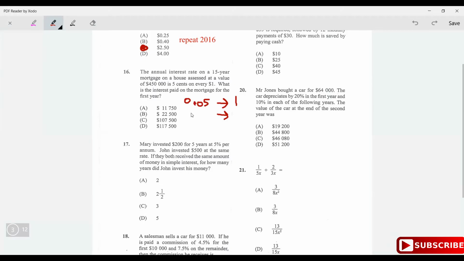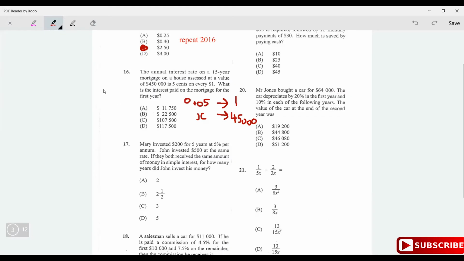all right. So we want to find out what is the interest paid. Call it X for this 450,000. To find X, you just cross multiply. So 0.05 times this will give you the interest paid.